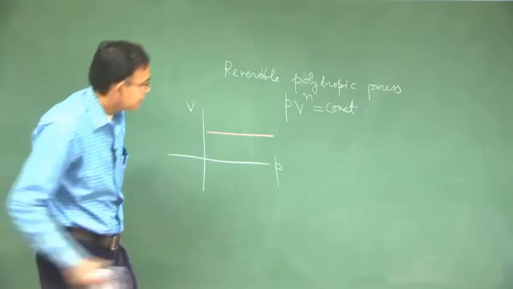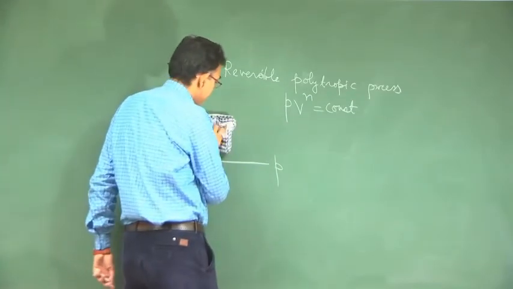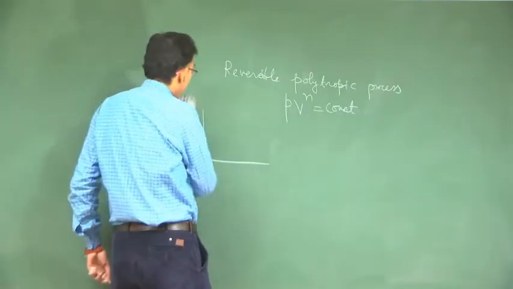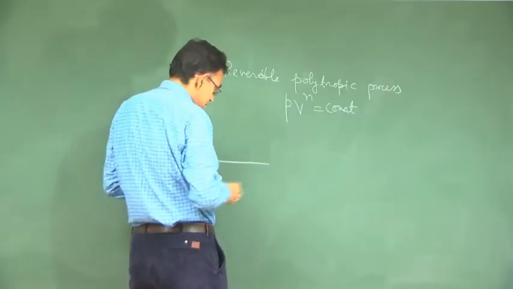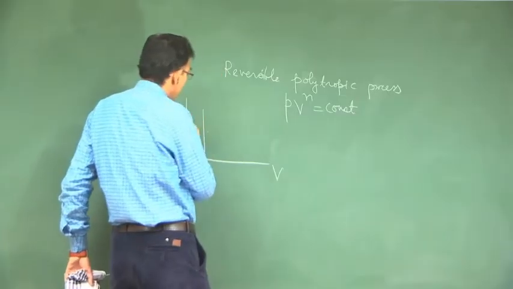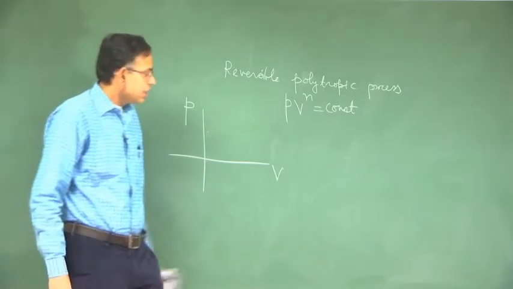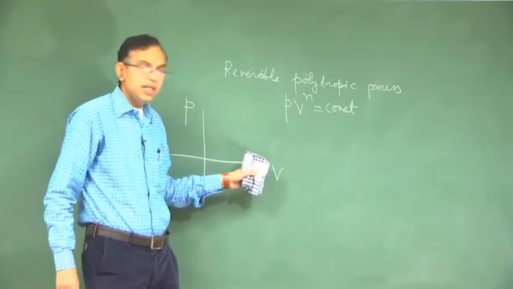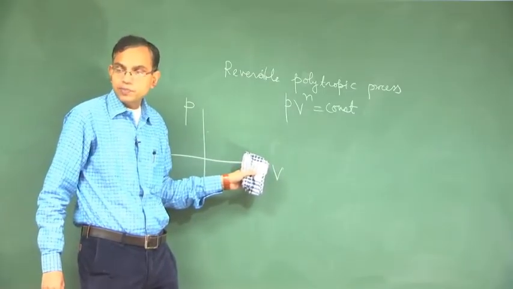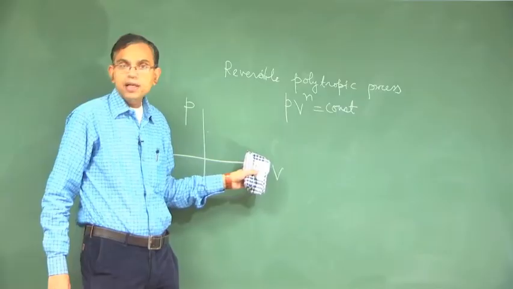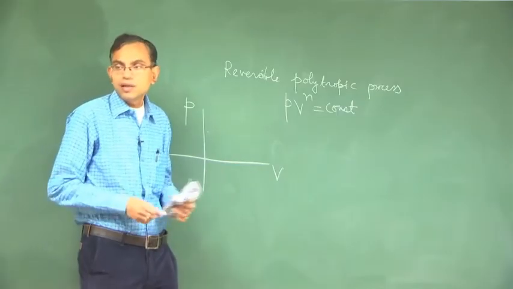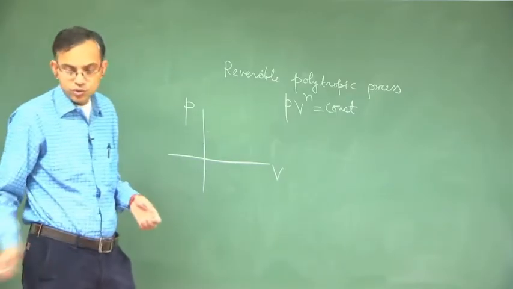Normally, and this is very important, we draw volume on the x axis and pressure on the y axis. The reason is that volume is the independent variable that we can vary in experiments. Independently varying pressure is not easy to do.